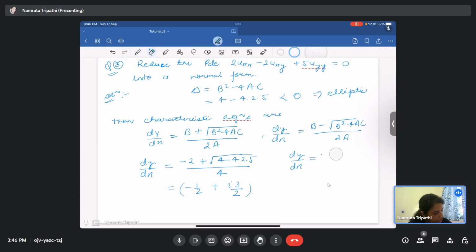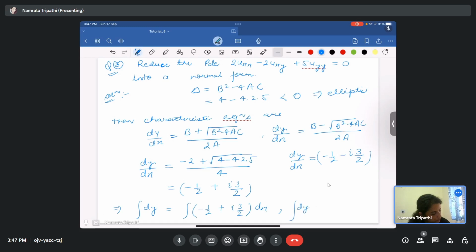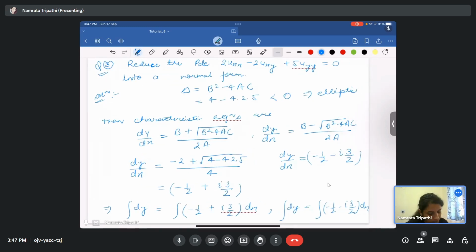Okay, I'm just going to minus 3 by 2. And similarly, just integrate, then you will get the characteristic equation.